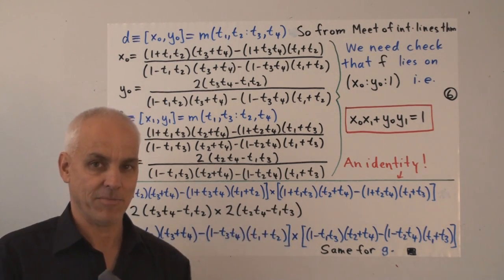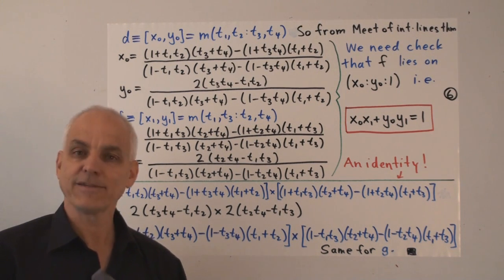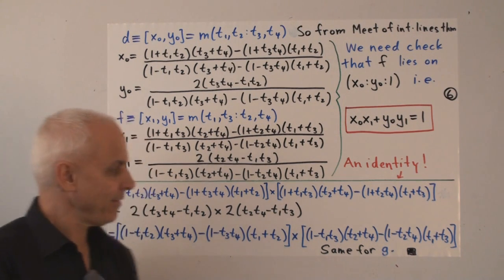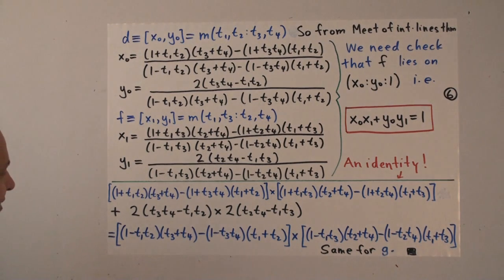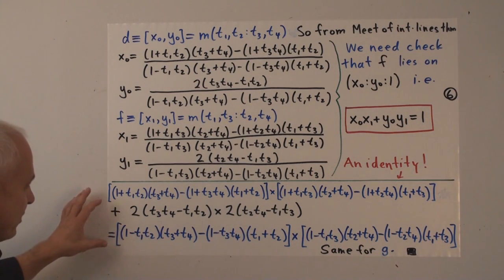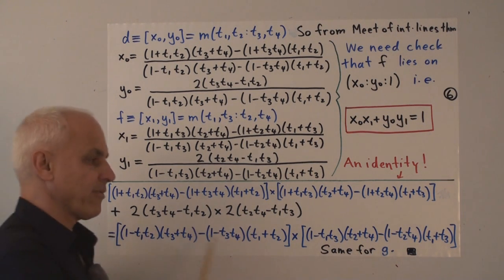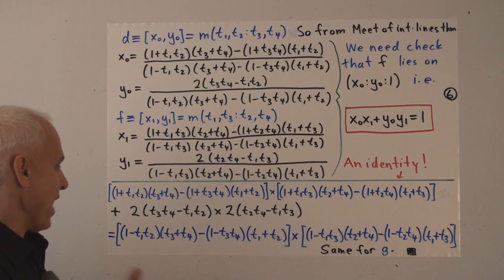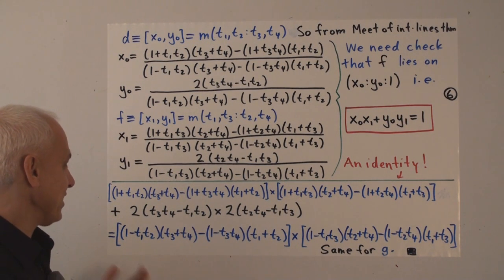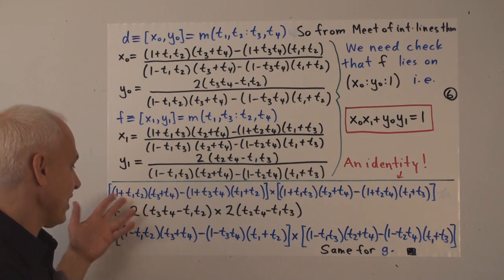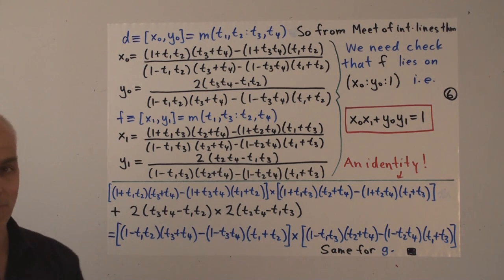They're exactly the same. And it's a little bit remarkable, isn't it? I think it's very pleasant. If you just looked at it, maybe you could find some clever way of seeing it, but it's probably easier just to multiply it through and gather like terms and see that the left-hand side really does equal the right-hand side.